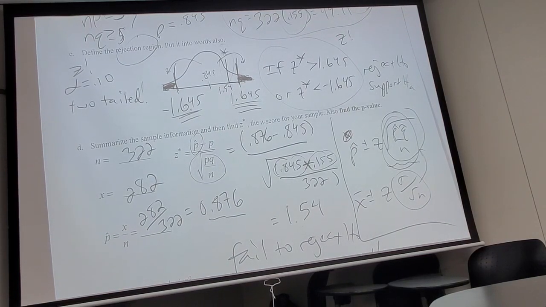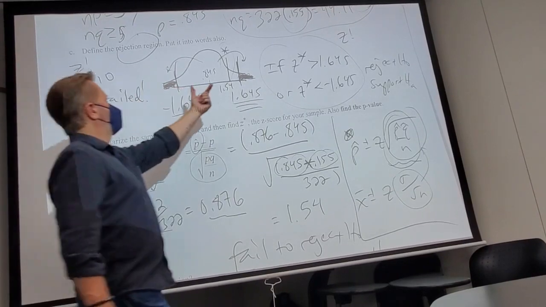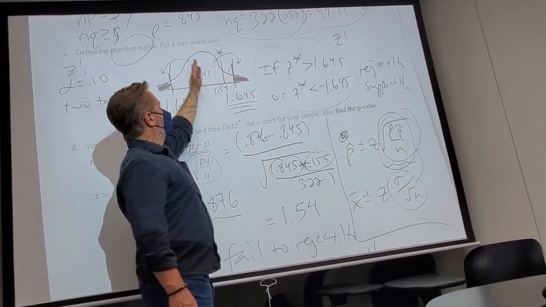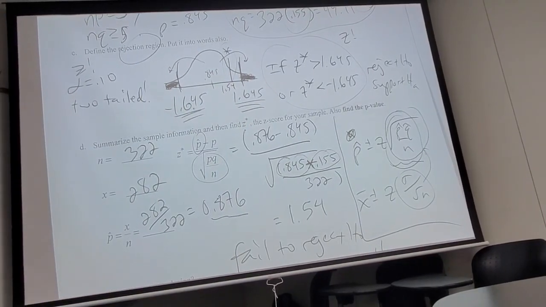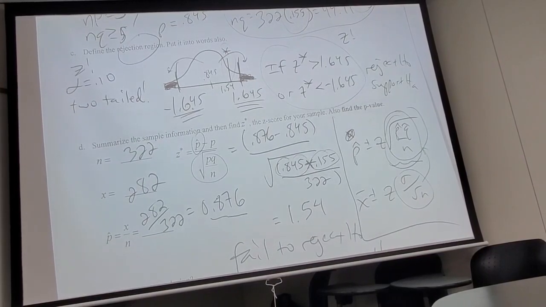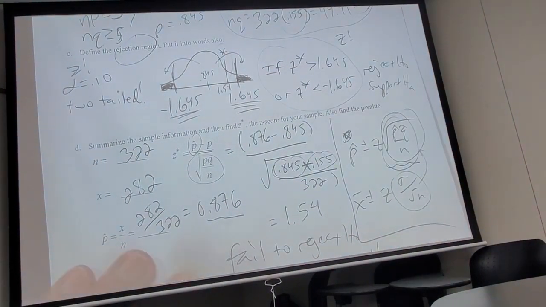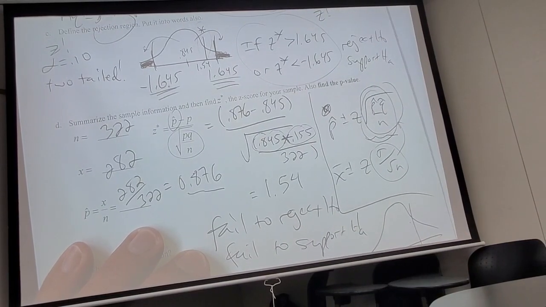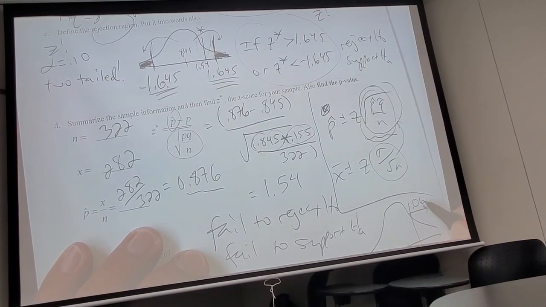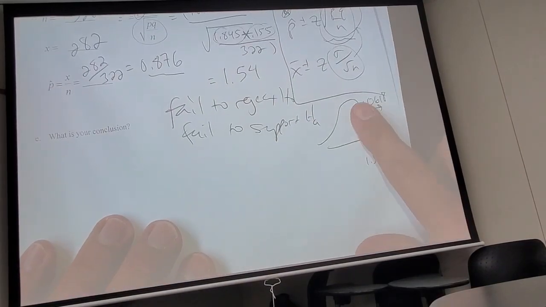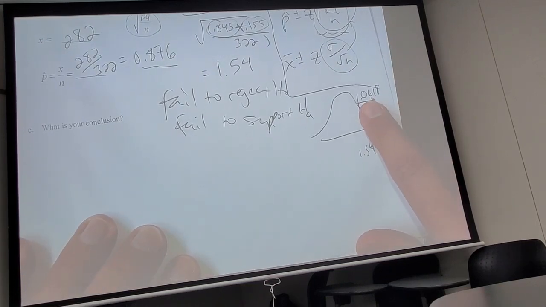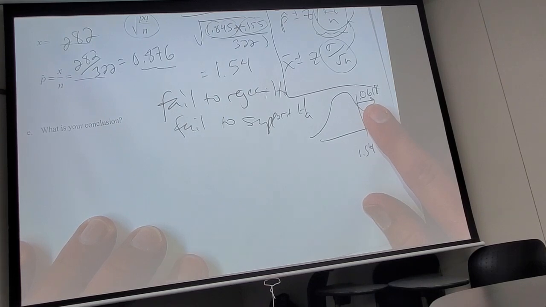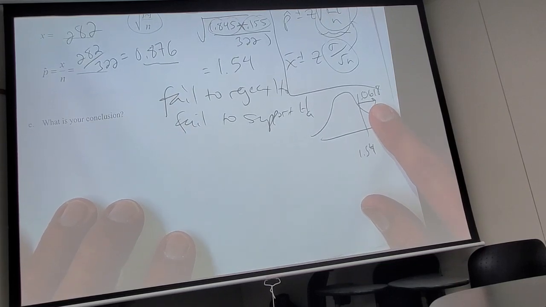If you look up positive 1.54, you're not going to get this area, you're going to get this area. So you have to do 1 minus that to get this area. Or you could look up negative 1.54 as a shortcut. 0.0618. You should get 0.9382 for 1.54. So 1 minus that is this.